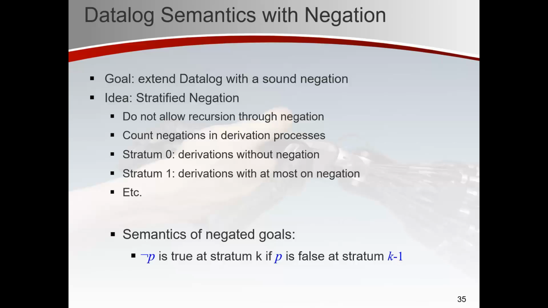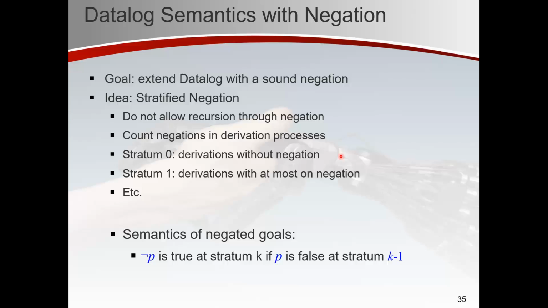And basically the same is applied for negation here. The idea is we do not allow recursion through negation. So that's not possible. We can only have negation of other predicates. So we count the negations we encountered in the derivation process.